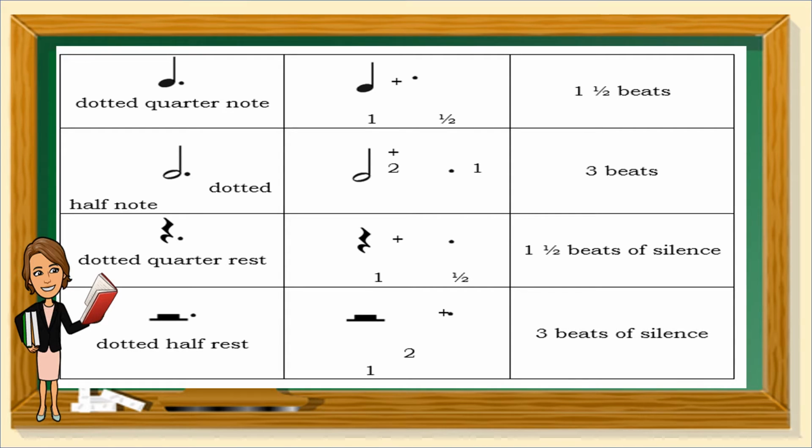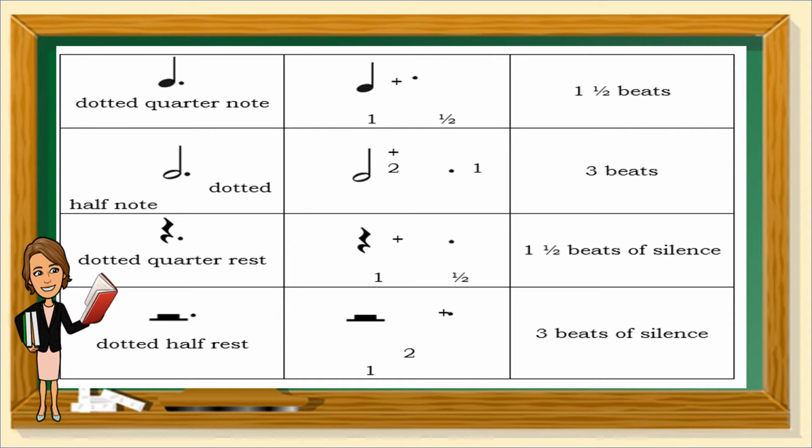What is the value now of this dotted quarter note? Based from the table, the original value of quarter note is 1 and half of 1 is 1/2. So therefore, the dotted quarter note received now 1 and 1/2 beats.